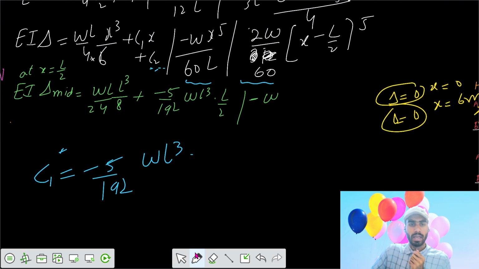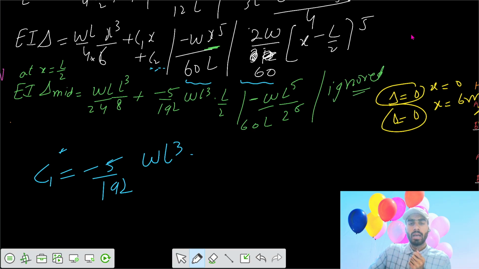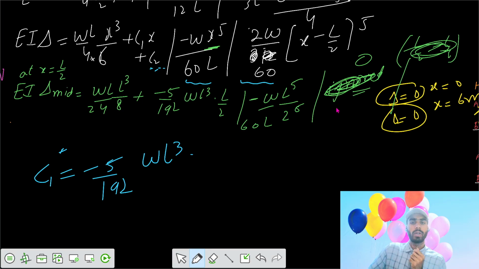So we can say this is also valid because it does not have any x minus something. So we can write WL to the power 5 by 2 to the power 5 and 60L. And this one is 0 because L by 2 minus L by 2 is 0, so we can't ignore this term, it becomes 0.